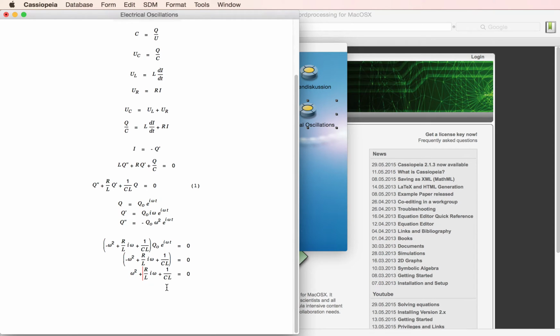Let's change the signs and extract P and Q. P is this term here, minus, don't forget the I, and Q is minus 1 over CL.